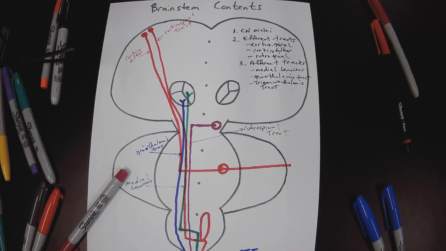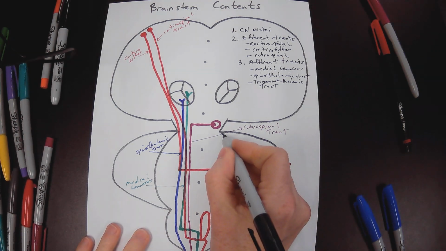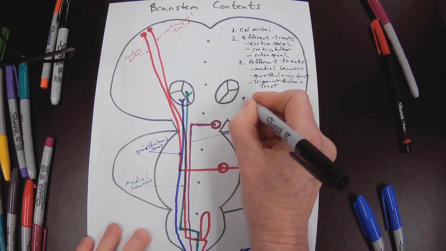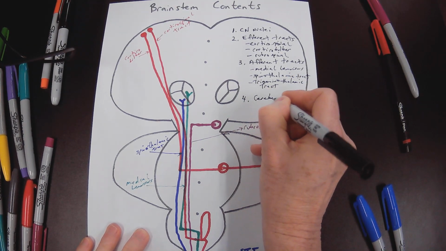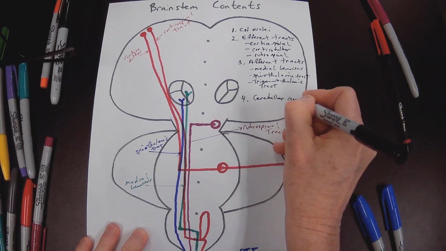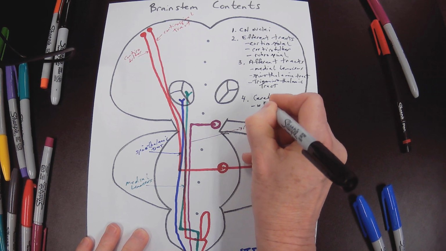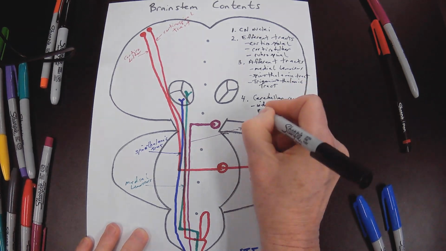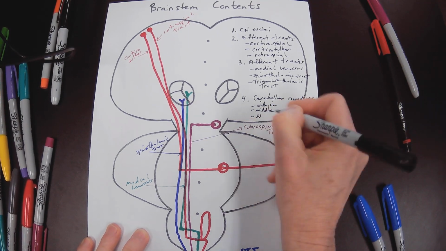And then there's one more thing that we talked about that you're going to see in the brainstem when you look at the cross sections, and that's going to be your cerebellar connections. That's going to be your inferior, middle, and superior cerebellar peduncle.